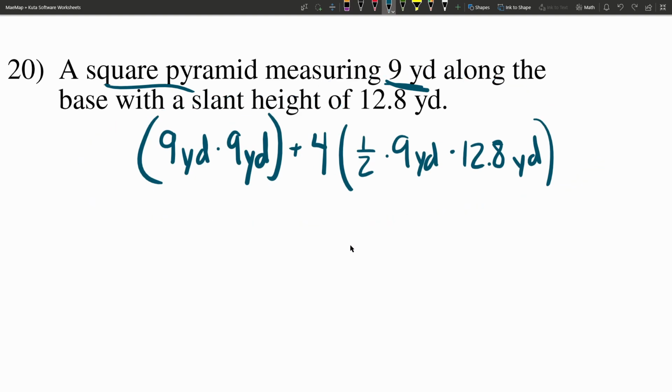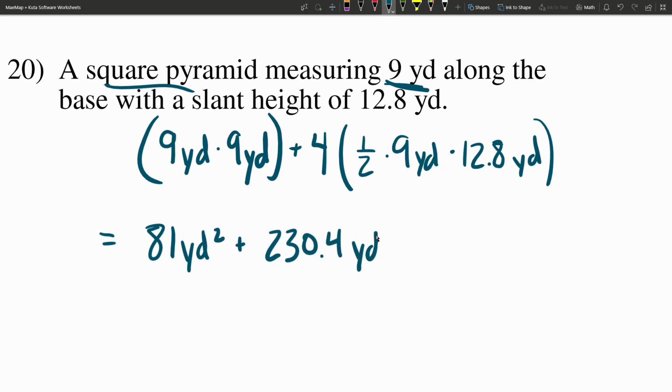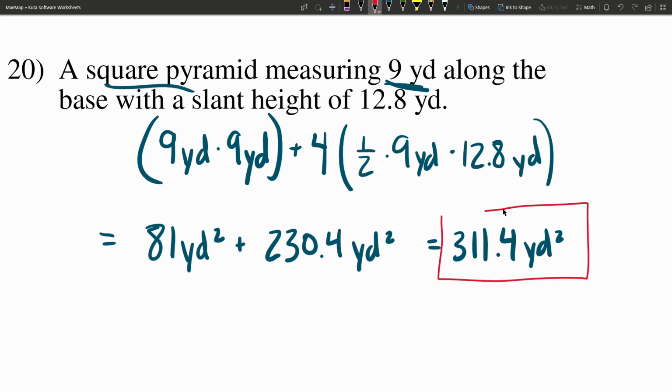This is going to give us the surface area of our square pyramid. 9 times 9 is 81, so we have 81 yards squared, plus 4 times 1/2 is 2. 2 times 9 is 18, and 18 times 12.8 gives us 230.4, and that's yards squared. So 81 yards squared plus 230.4 yards squared is going to give us 311.4 yards squared as our final surface area on this worksheet.